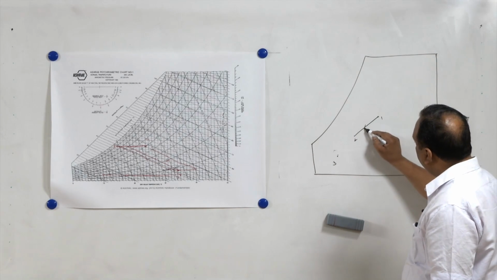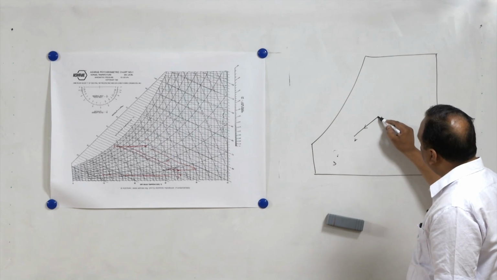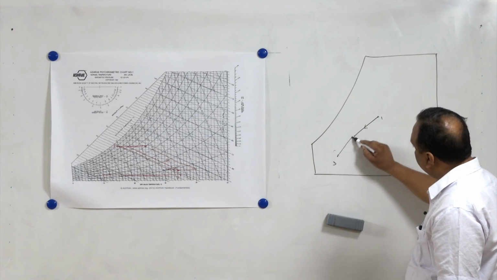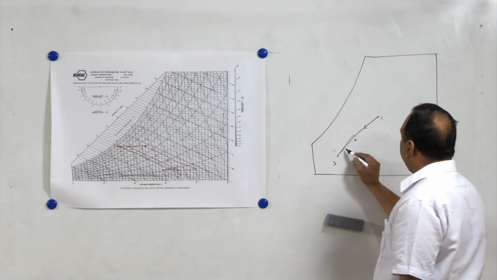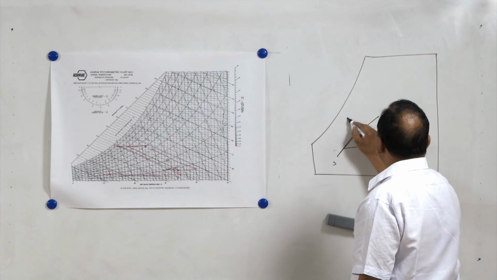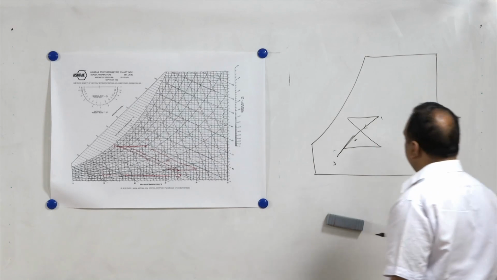It means at state 1 the air is entering the room and at state 2 air is leaving the room. This air gets mixed with the outside air and then after mixing, heating takes place, evaporation and then heating.